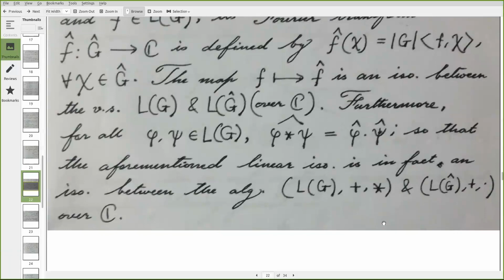So if we want to extend the theory of Fourier analysis to general finite groups, at least we have to give up this, because we cannot have it when G is non-abelian. We will be able to extend, but in that extension, we have to certainly give up this.